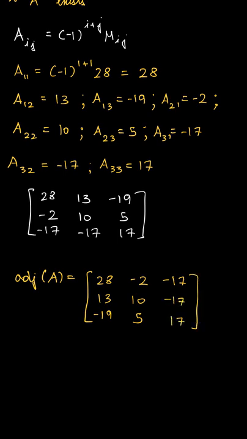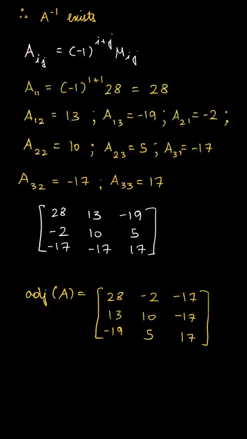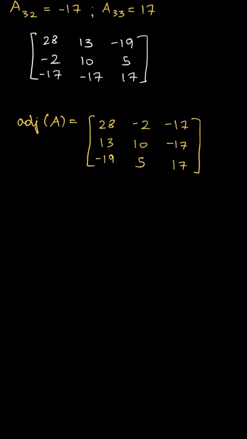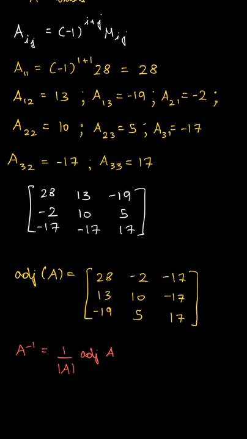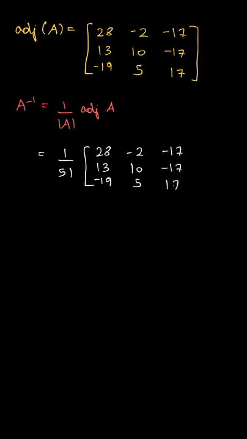After that, as we have the adjoint of A and the determinant of A, to find A inverse we have the formula, which is 1 upon determinant of A multiplied by the adjoint of A. So we will substitute the respective values where the determinant of A is 51. Therefore, this will be equal to 1 upon 51 multiplied by 28, 13, minus 19, minus 2, 10, 5, minus 17, minus 17, 17.